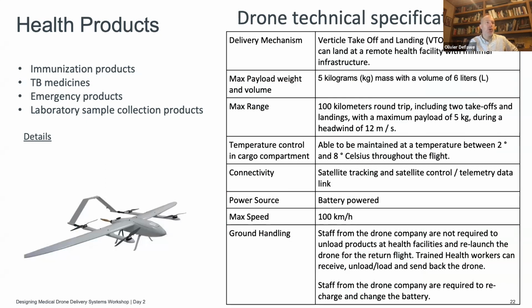Using the criteria that we mentioned yesterday, you are prioritizing 4 types of products for the transportation via drone: the immunization product, the tuberculosis associated medicines, emergency product, blood, oxytocin, and so on, and then reverse logistic, the laboratory samples.